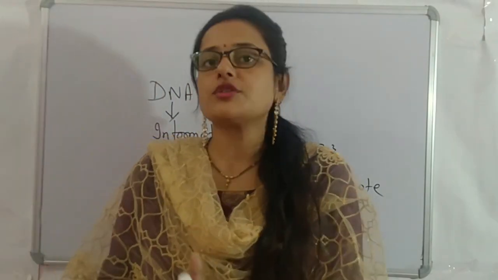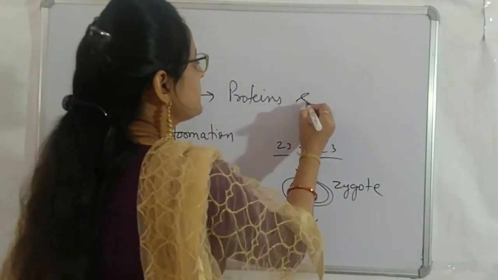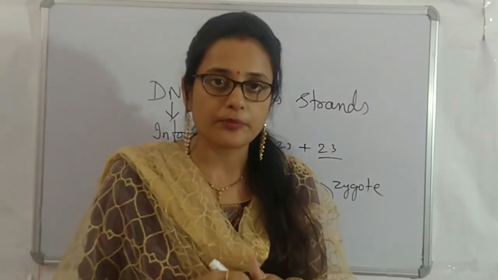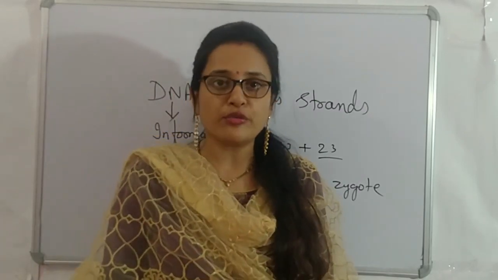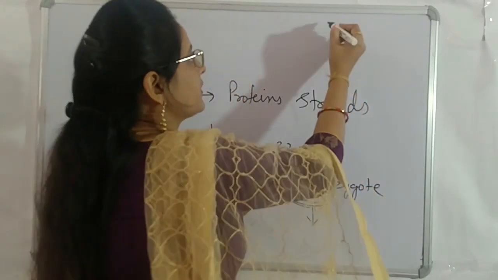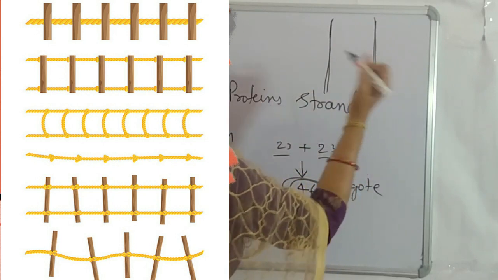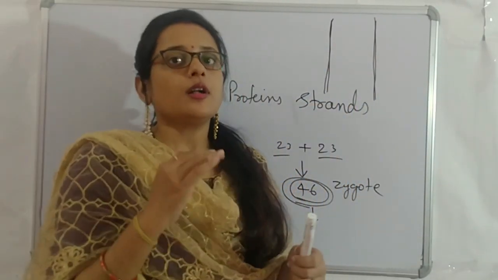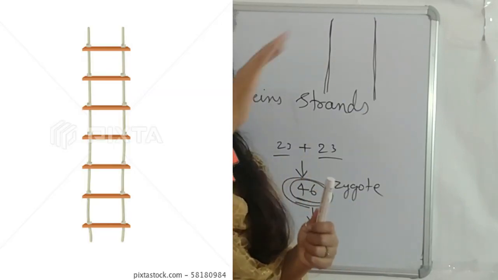The basic feature of the structure of DNA is that it is made up of two strands and these strands are twisted around each other in a helical manner. To understand this properly, let's imagine a hanging ladder made up of rope. You can see the two strands of DNA as the two bars in the ladder on your screen, and these two bars are connected to each other because of the steps on which you will put your foot and try to climb that ladder.